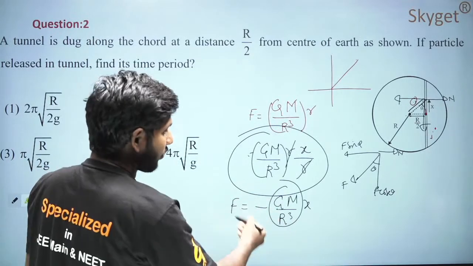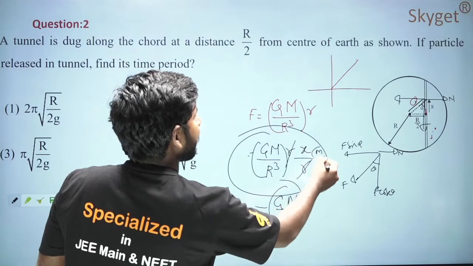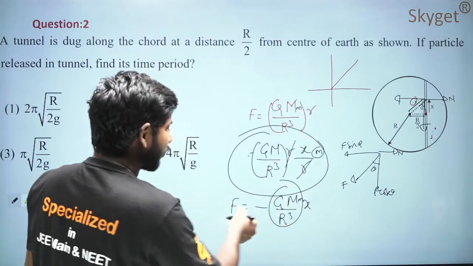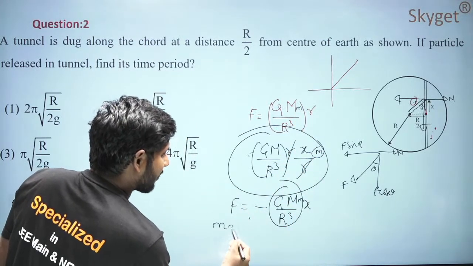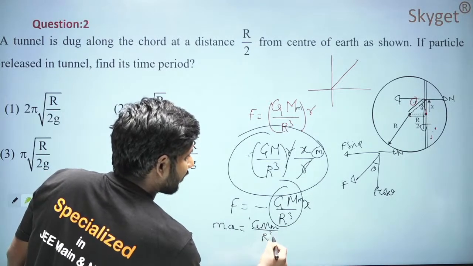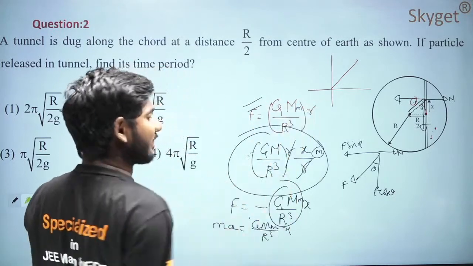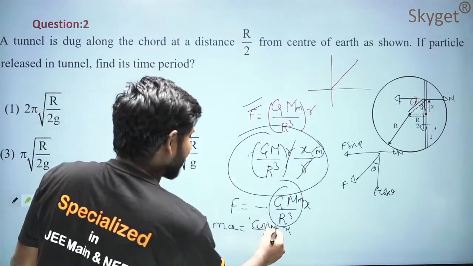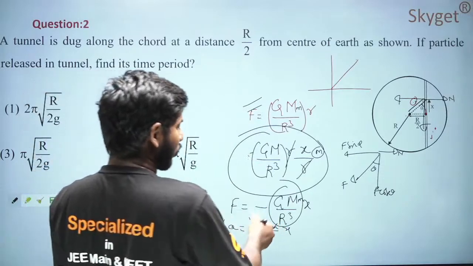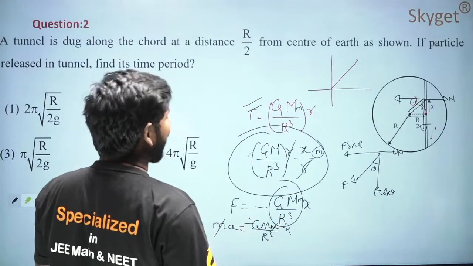Then what is the answer? This will be the force, because there will be another mass, the mass of the ball here. So if you calculate it, m a is equal to minus G M by r cube into x. I wrote intensity, students; if you want to find force, you have to multiply it with the mass of the ball, so that gets cancelled. Acceleration is equal to minus omega square into x. Omega square is equal to G M by r cube.